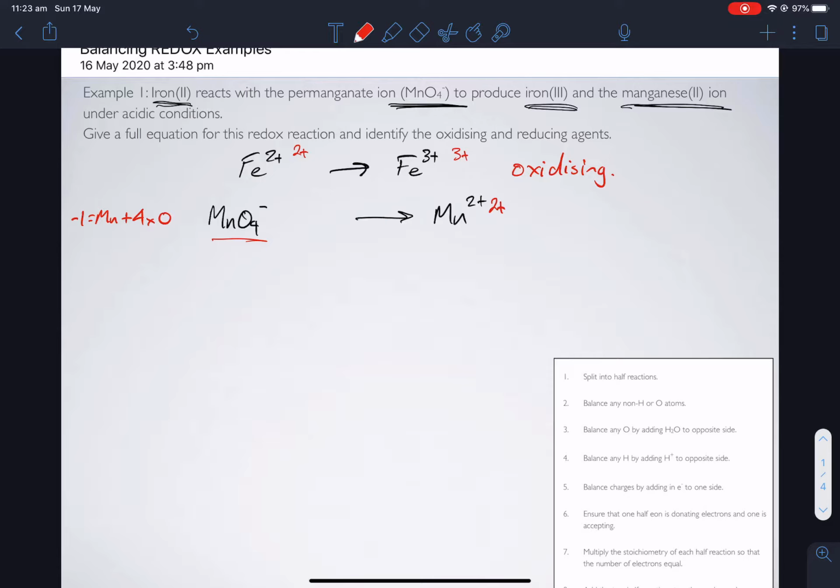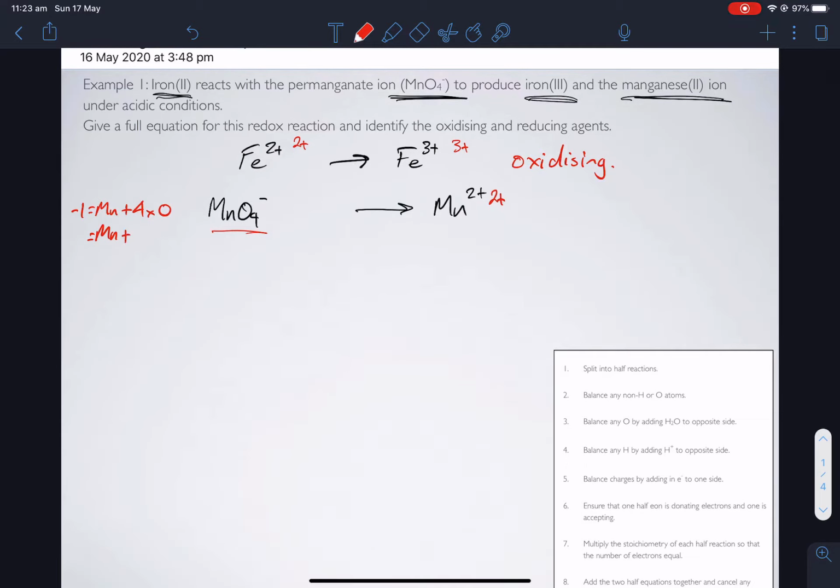Remember that oxygen, in the majority of cases, there's a couple of exceptions, but the majority of cases it's -2. So let's substitute that into our algebraic expression. 4 times -2, which equals Mn plus -8. Add 8 to each side, which equals 7. My brain is trying to go too quick and not taking it slow.